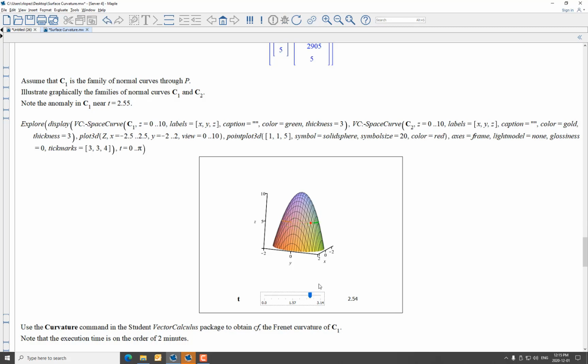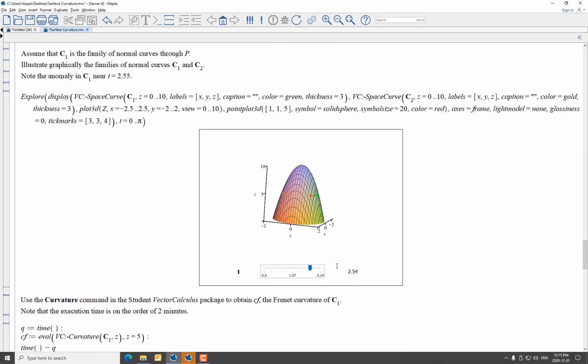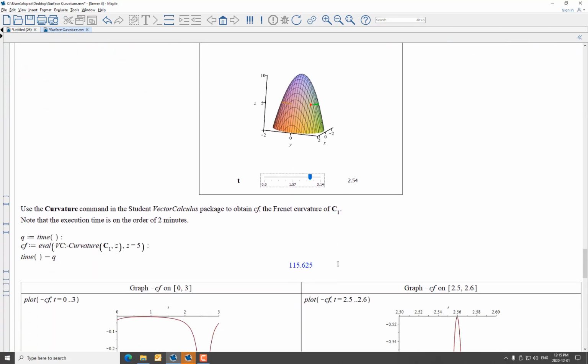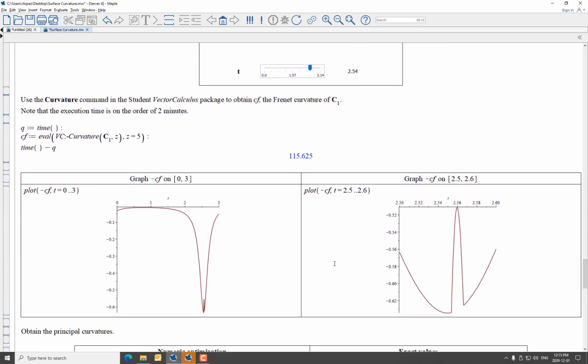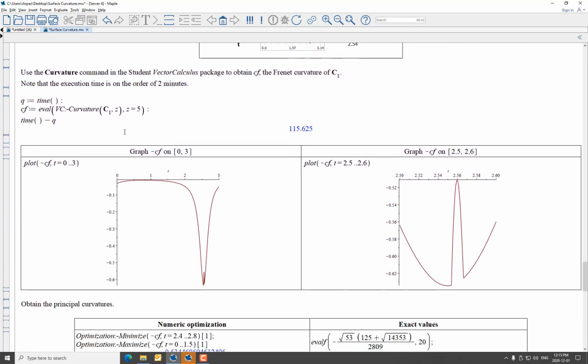And if you look carefully, what you discover is that you switch from C1 to C2 for a very small range of t. And that's traceable to that glitch that I found when I calculated the curvature of C1.